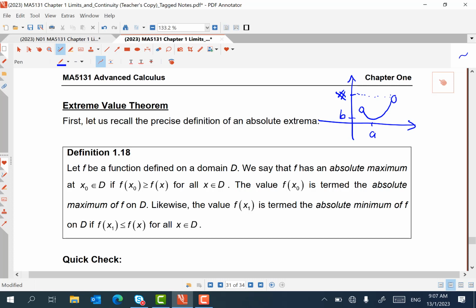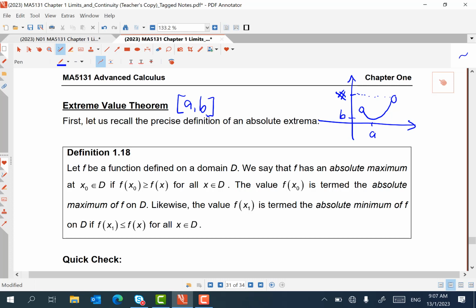That is why in this extreme value theorem, you will have the condition later on. It must be continuous on a closed interval. I thought bounded also. Closed, bounded, must be bounded also. Right, very good. Closed bounded interval.